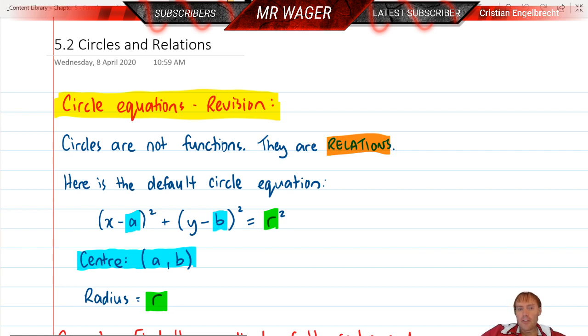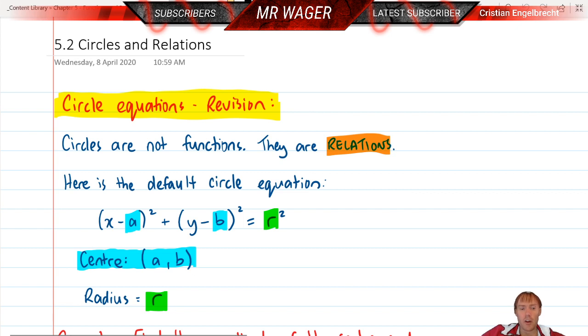Here is the default circle equation. Actually, the real default circle equation is x squared plus y squared equals r squared, but this is the main one you see. So in brackets you have (x minus a) all squared plus (y minus b) all squared equals r squared. Different textbooks use different letters for the a and the b. But the main thing to note is that the center of the circle is located where the a and b are, and it's always opposite to the sign, or imagine solving the bracket part equal to 0.